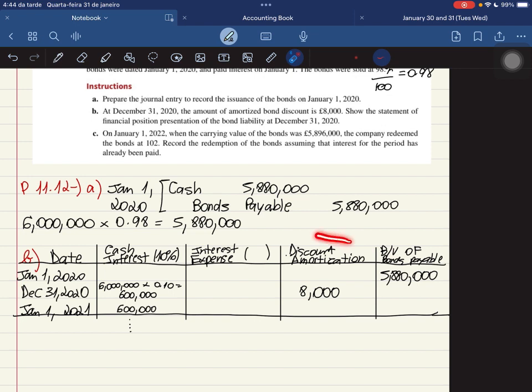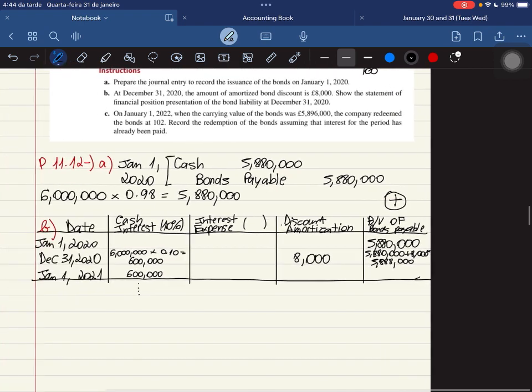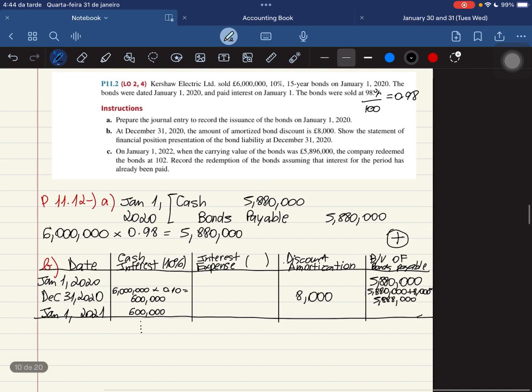If this was a premium amortization table, here we would be subtracting it. Since this is a discount amortization table, we would be adding. So over here, we would add this value plus the discount amortization. That would give us 5,888,000. This is the first thing that you need to know.